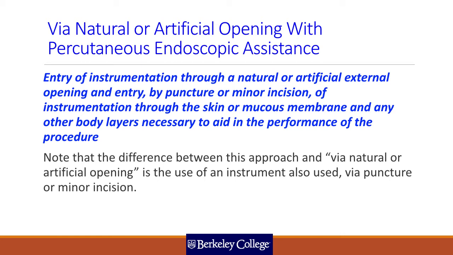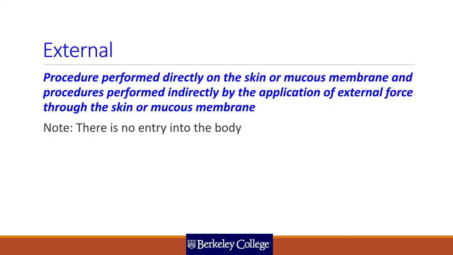And in these cases, they may use an endoscope that is placed into the patient's mouth, down their throat, to look internally into the stomach while they are puncturing from the outside to insert the feeding tube into the stomach. That's a good example of what would fit with this approach.